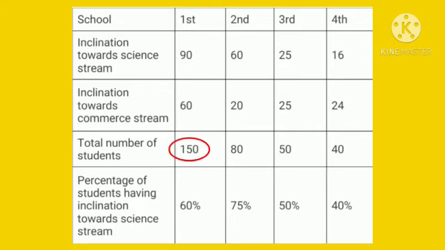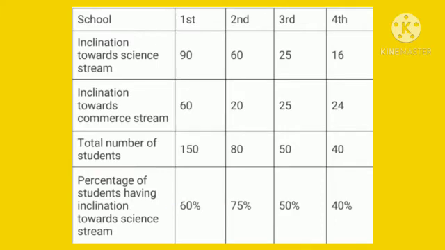And the percentage of students having inclination towards science stream will be equal to 90 divided by 150 multiplied by 100, which is equal to 60%.